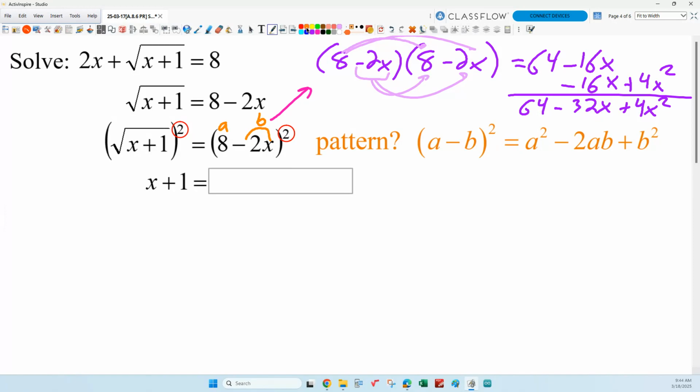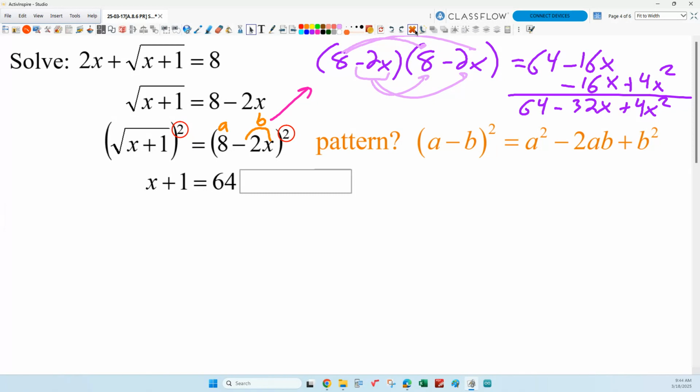And then what do I get? If I go through the process of following this pattern, a squared would just be 8 squared. Well, there's my 64. Minus 2ab, minus 2 times 8 times 2x. What's that? 2 times 8 is 16 times 2x, 32x, right?